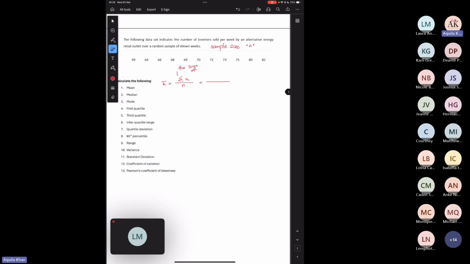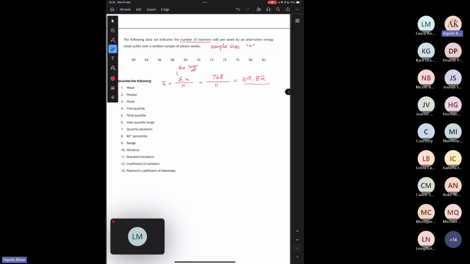All you're going to do is show the final sum, which is 768, over your sample size, which is 11, and that gives you, to two decimal places, 69.82. Although this is based on the number of inverters sold per week, rightfully it should be a whole number because you're not going to get a decimal, but you are required to leave it in decimal format.